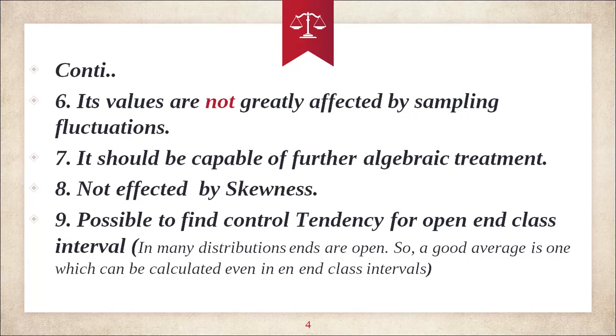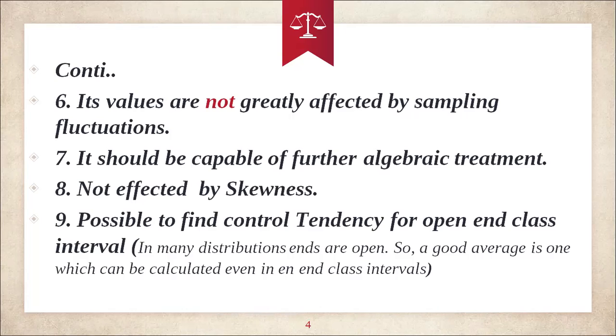On the basis of these properties, we can know which average is a good average. Which average has the good characteristics of these 9 characteristics? Some averages may not have all 9. Some may have 5, 6, or 7. The average with the most characteristics may be called a good average.